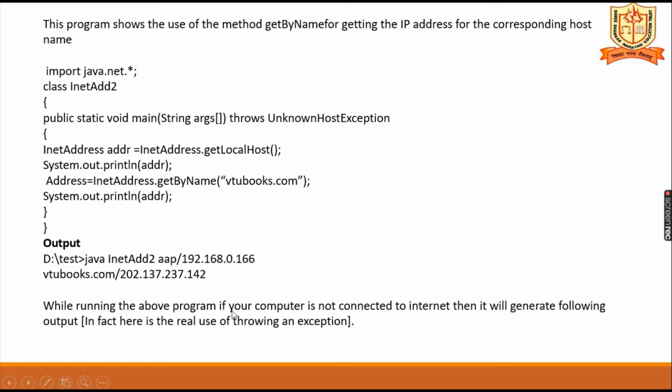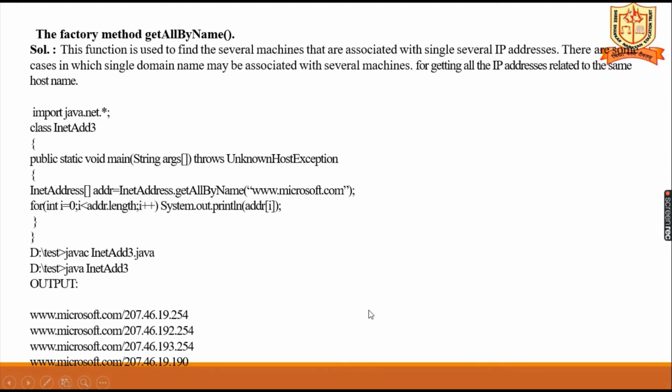While running this program, if your computer is not connected to the internet, then it will generate the following output, that is UnknownHostException. The factory method getAllByName is used to find several machines that are associated with a single IP address.